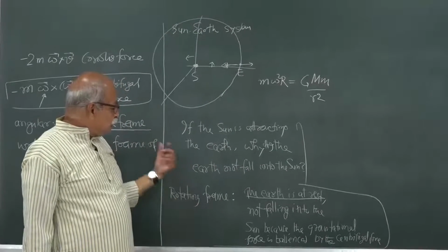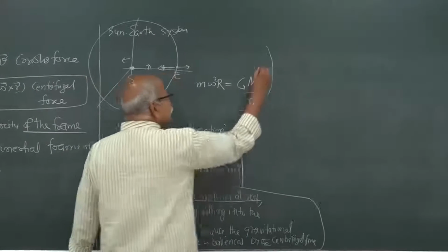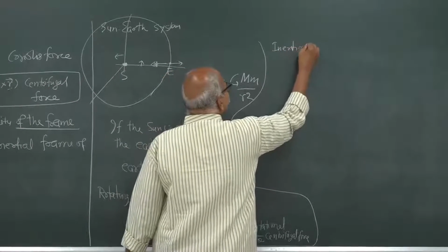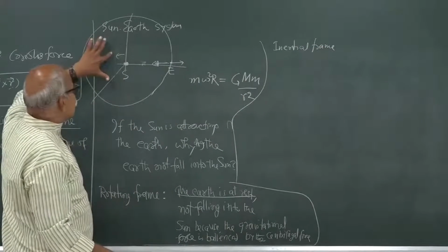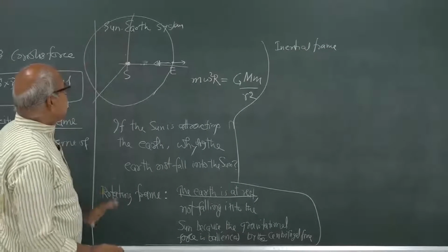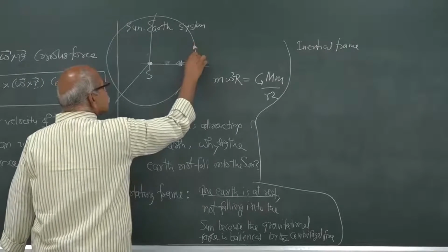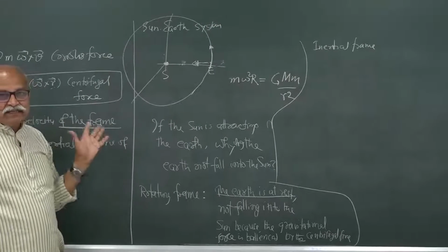But if you want to use the inertial frame, same origin, but now the axes are not rotating. So, in this frame the earth is going in a circle, it is not falling, and there your explanation is different.